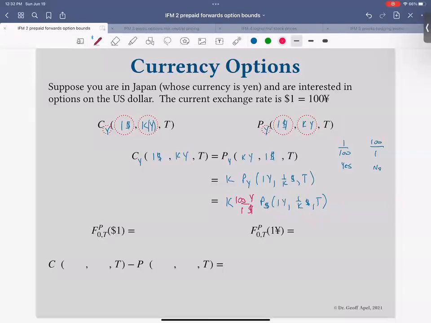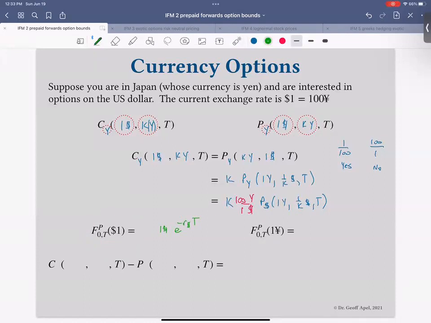Okay, so what about now these prepaid forwards on currencies? Well, this is what we did before, but now we're looking at it from a different point of view. So now if I'm in Japan, the yen is my current rate. If I wanted to do the prepaid forward on the dollar, that's fine. I'm still going to take $1 and discount it by its rate, e to the negative r dollars times time.